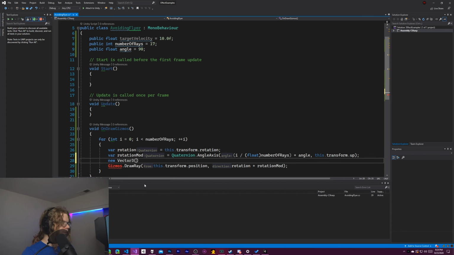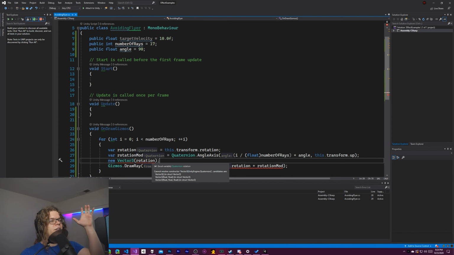New vector 3. Can I just do that? I don't think I can, because that's going to be the wrong thing. A quaternion is technically like a 4-dimensional vector. That's sort of how it ends up working. In order to avoid some of the complexities of rotation in 3D space, they add a 4th dimension and it does magic.